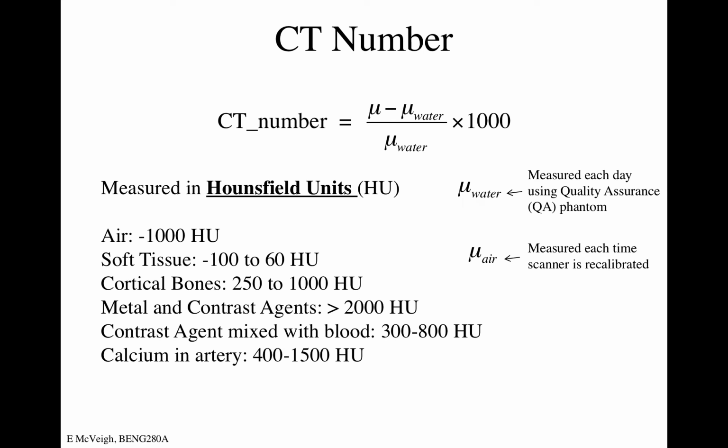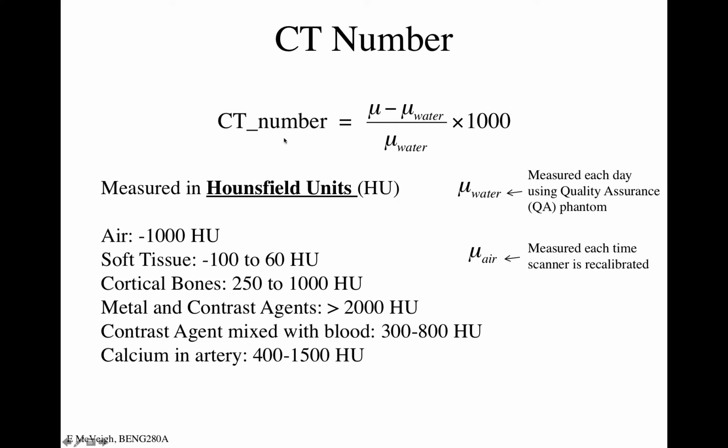Okay, when we reconstruct the picture, and we'll look in detail at mathematical ways of doing this, we're going to wind up with an image of linear attenuation coefficients, or mu values, as a function of position in the plane.